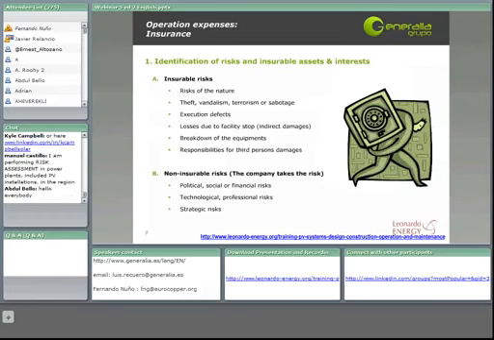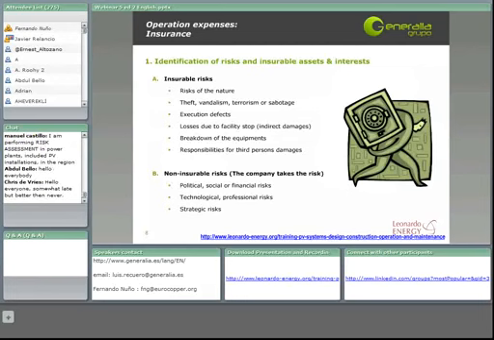In this slide, you can find a list that can help you with the identification of the risks in your own PV facility. We have classified them into two groups. The first group includes those risks that could be covered by the insurance. It is very important to consider all of them before choosing definitively our insurance program.